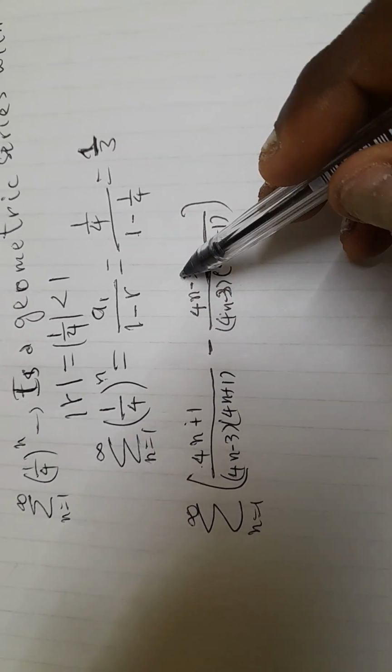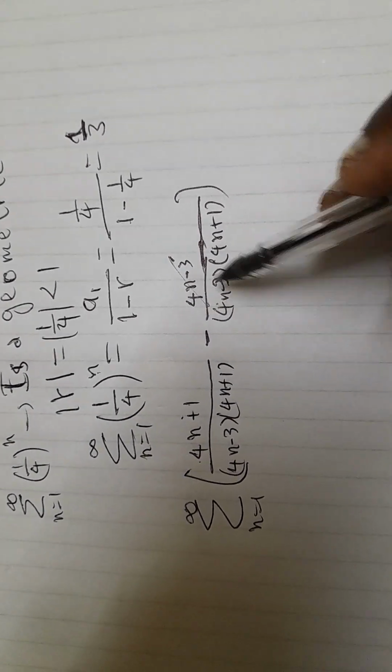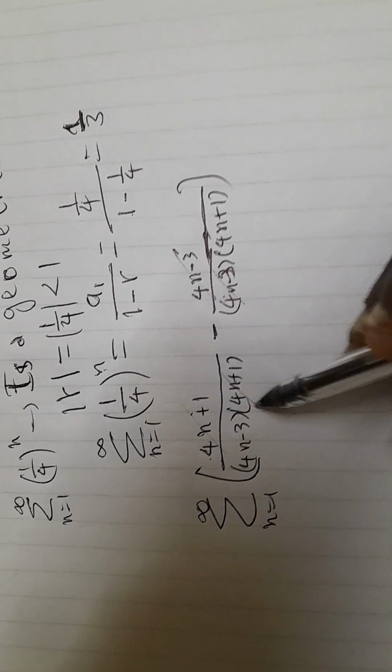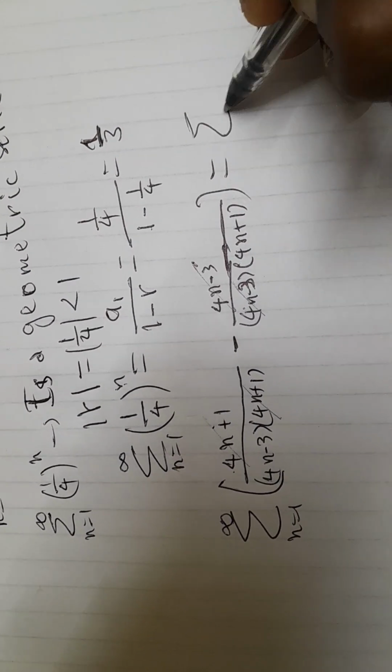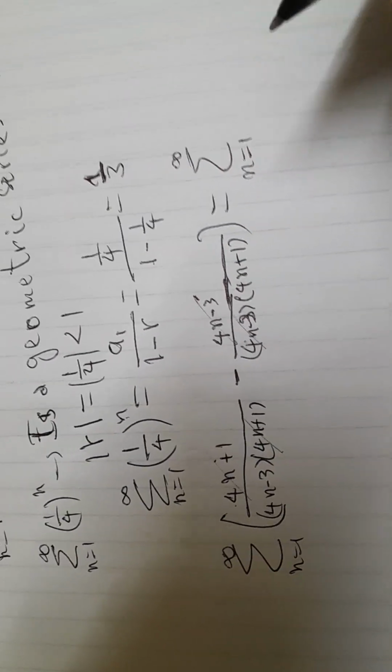See, if you simplify this one, 4 minus 3 and this one and this, you will see that this guy will be the same from 1.